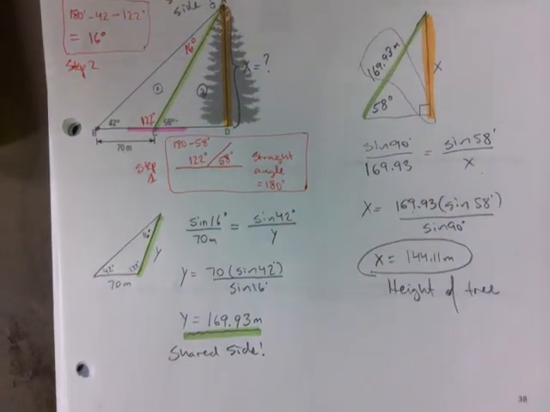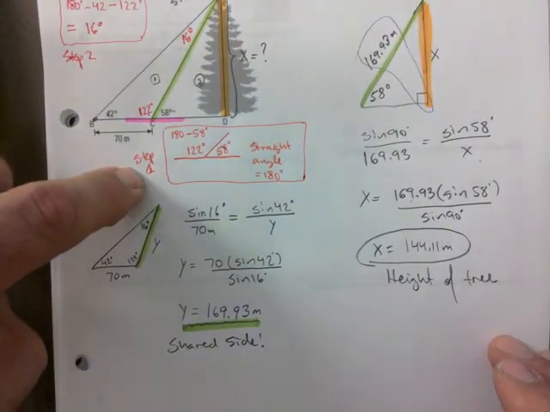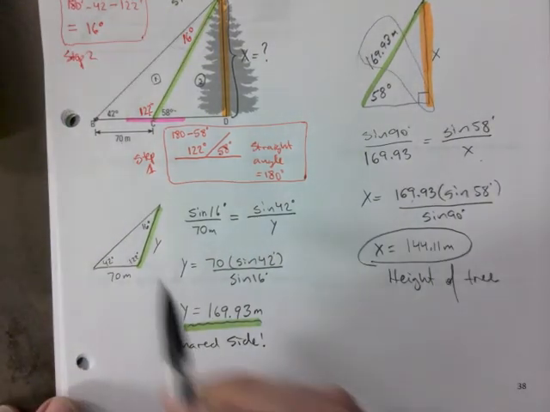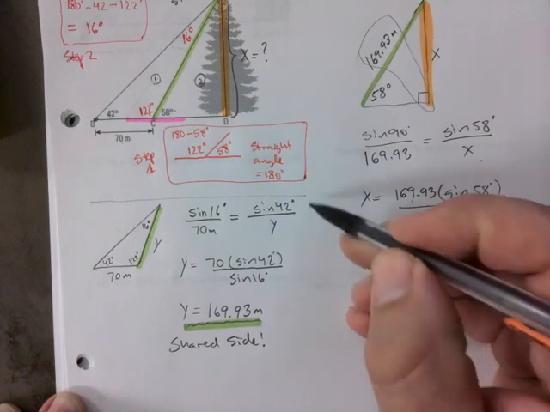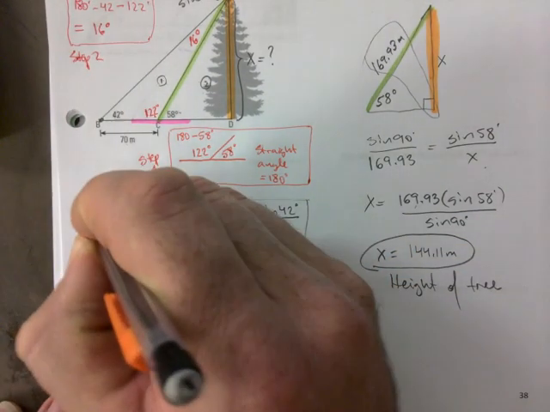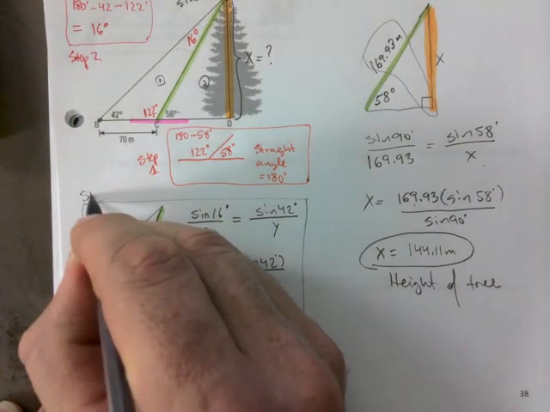So here we go. So step 1, step 2, sum of triangles. And then this was my third step. Step 3.